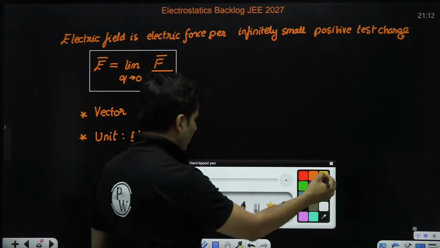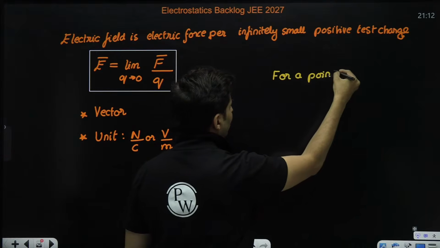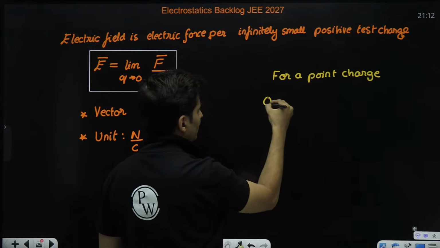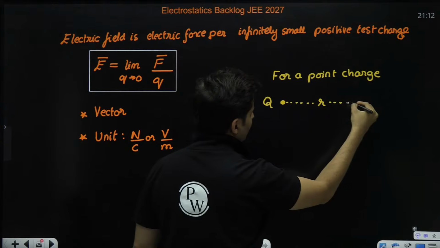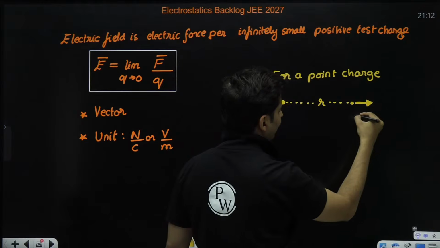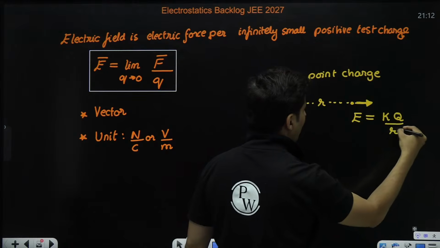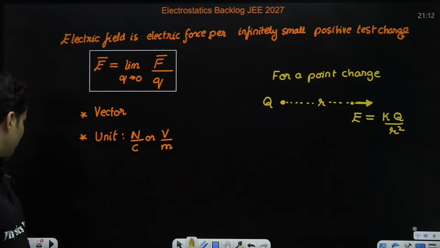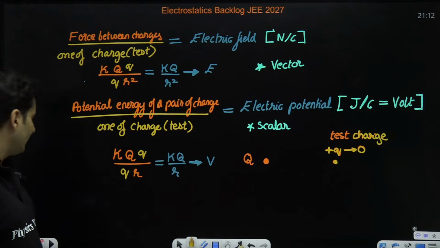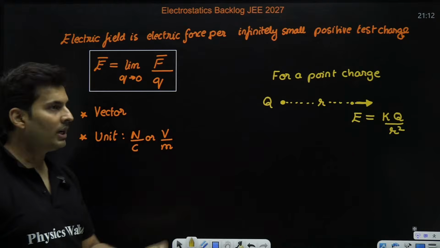Now if you have a point charge, that means this is my charge and I am at a distance r from it, the electric field is given by kq divided by r square, just like what we did over here. Kq divided by r square, because q will anyway get cancelled. Is that okay? So that is the electric field magnitude of a point charge.